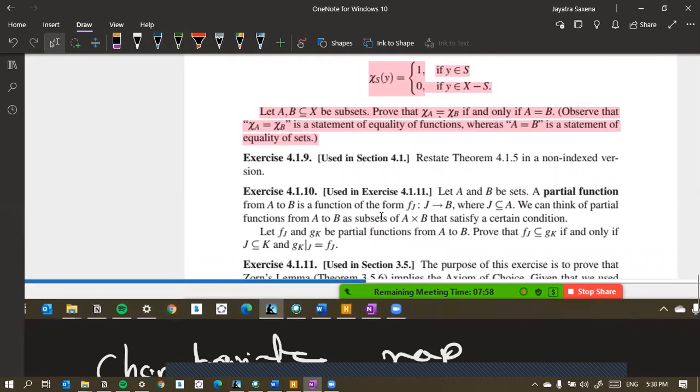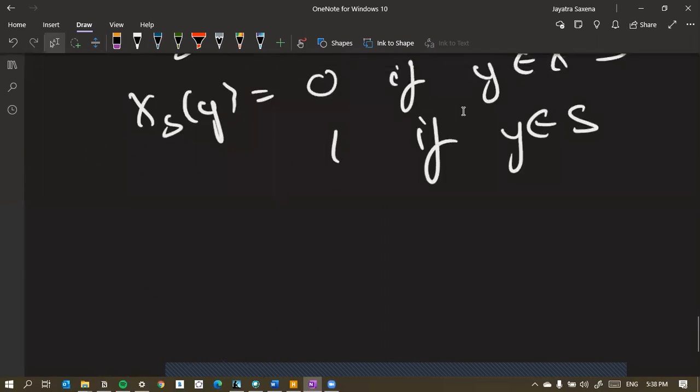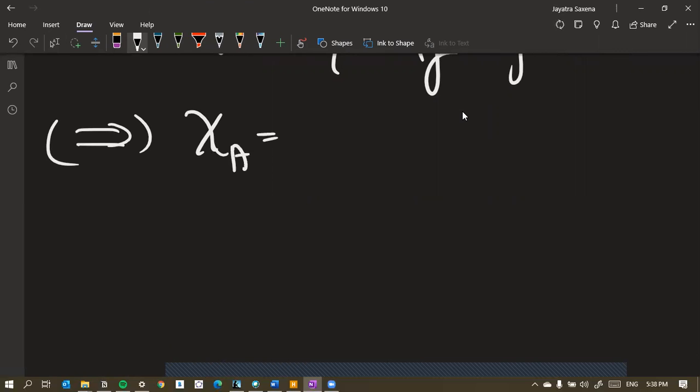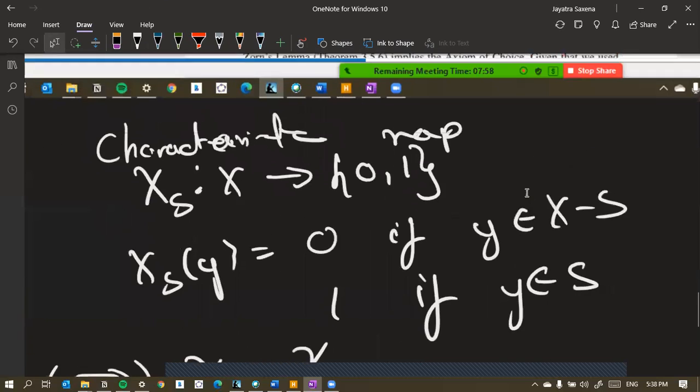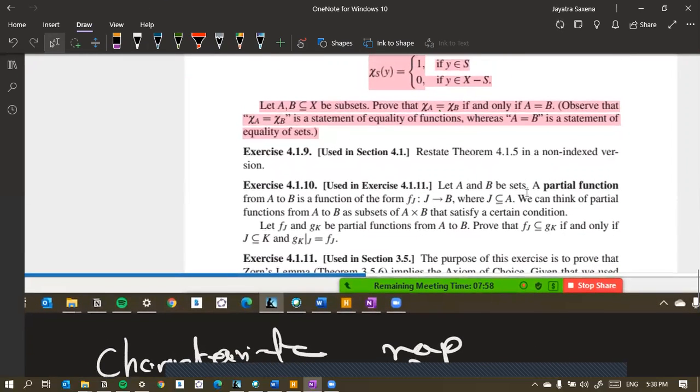So assume that X_A is equal to X_B. We will try to prove this direction first.